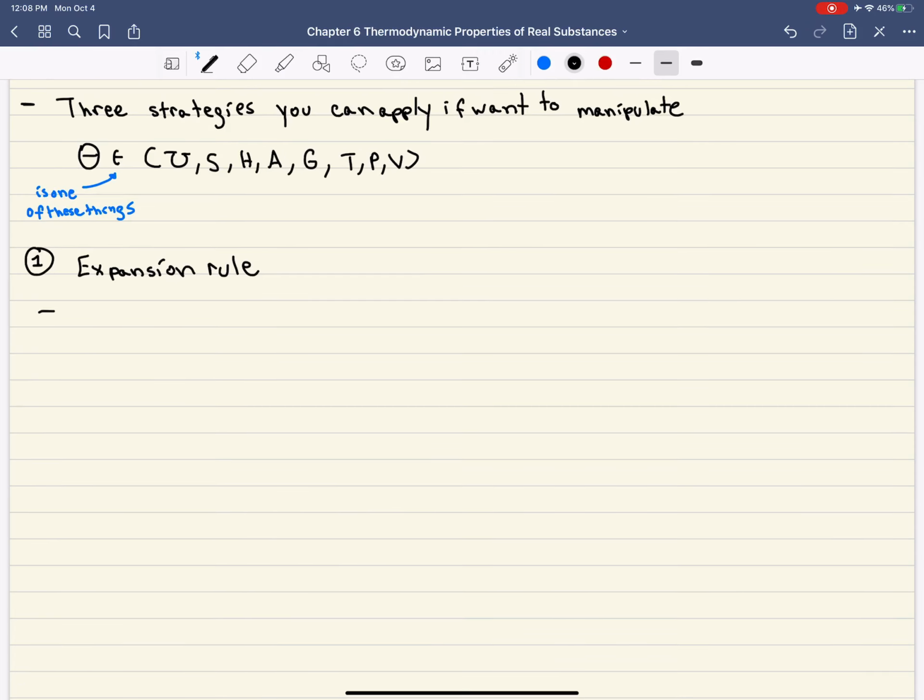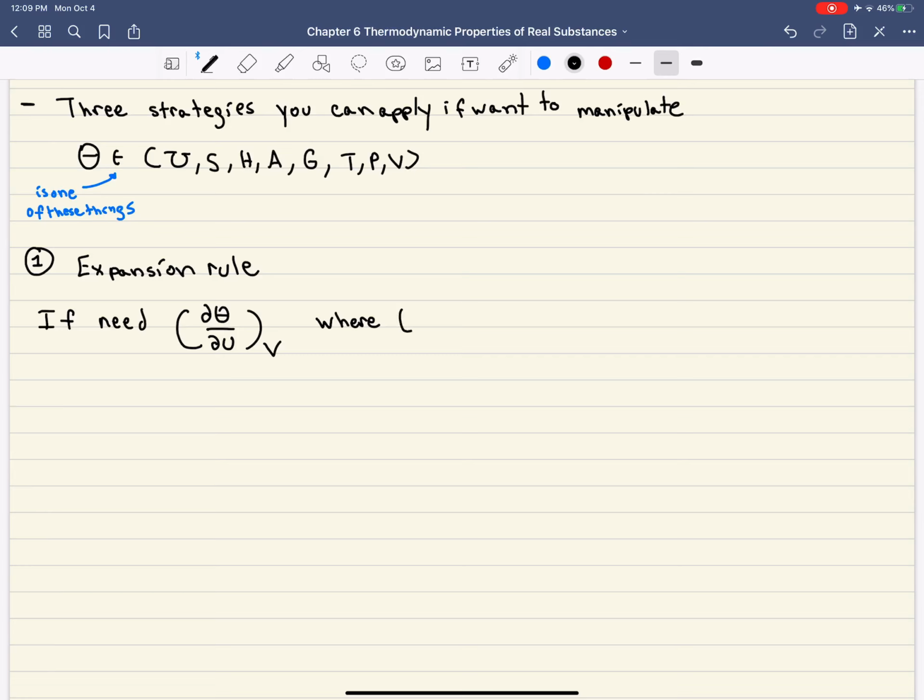Let's say you want to derive the partial derivative of theta with respect to u. That u is not internal energy; this u is just a random variable. At constant v, which is also just a random variable. So let's say you want a partial derivative in that form.